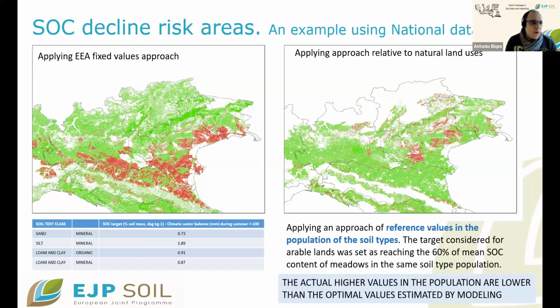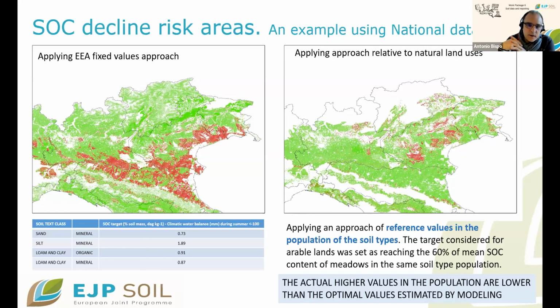And you see in red the degraded areas. On the right side of your screen, they use a reference to natural land uses, to grasslands, and they set a threshold at 60% of the mean of soil organic carbon content in meadows.